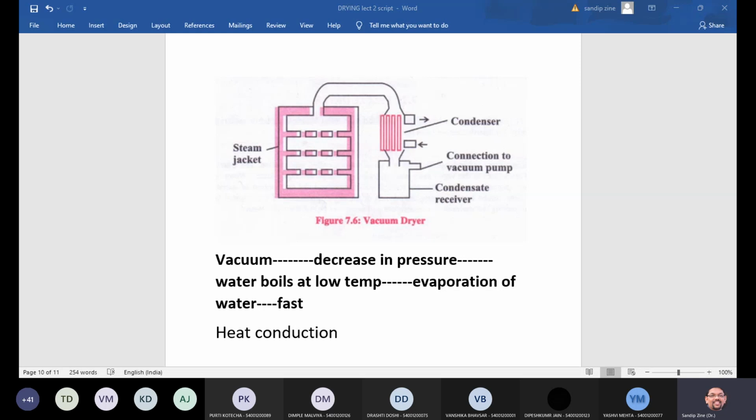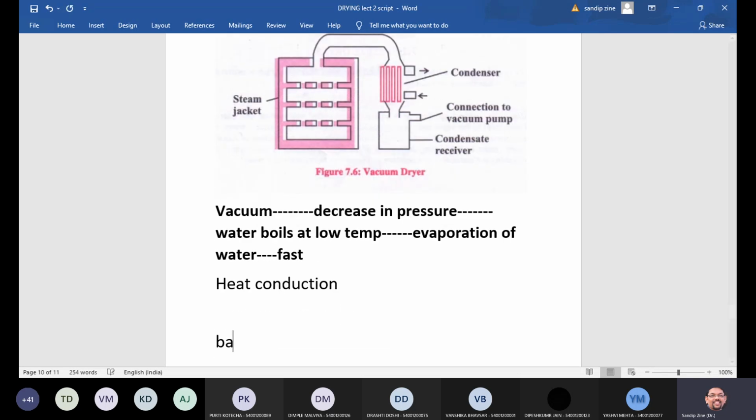And in disadvantages, as you can always say, dryer is a batch type process, isn't it? Once you are keeping sufficient material, you will give sufficient time for drying. You will remove this material, and again you will fill with the new material. So obviously, batch mode is one of the disadvantages of any kind of dryer.